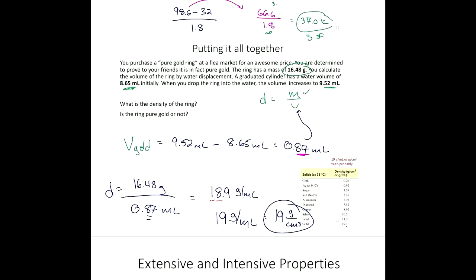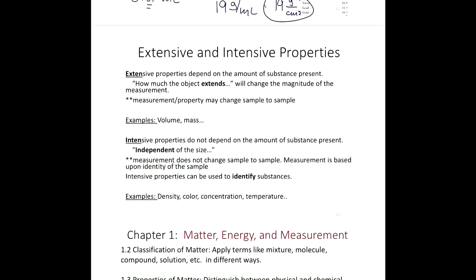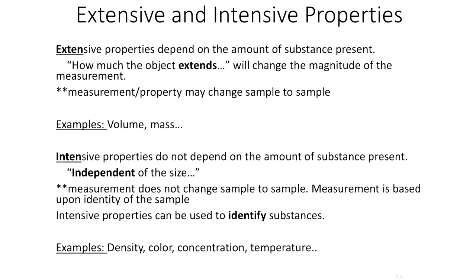And so lots of measurements here. Some of them volume, some of them mass, and some are calculated. So I didn't really know where to put this slide, but you'll be taking measurements in lab. Some of them are extensive in nature, some of them are intensive in nature. The difference between these two types: extensive measurements will vary from sample to sample.